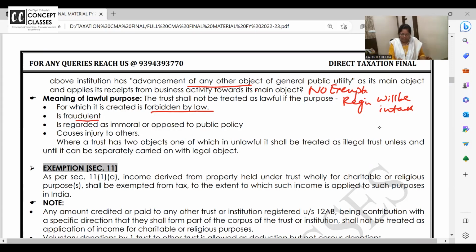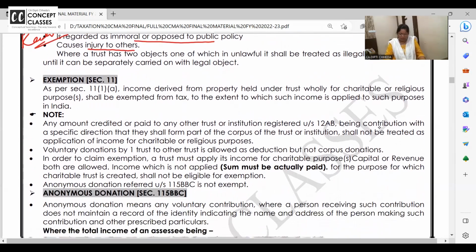It is not regarded as immoral or opposed to public policy. Like, let's form a group and rebel against this and all. You are not forming the trust for any wrong activities, and it should not cause injury to others. So if you take care of these points, that means it's for a lawful purpose. Just give it a reading. If you don't learn the terms, no problem.